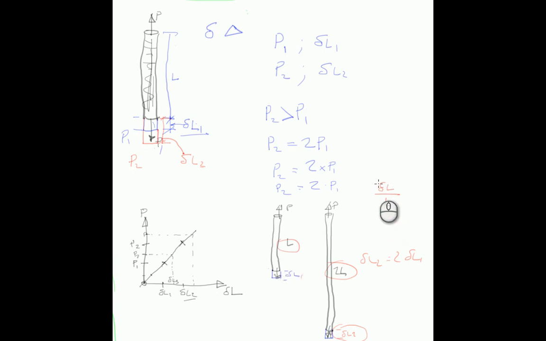But if I take that fraction, delta L divided by L, and I now look at the situation here, I have, for the same load P, a delta L2 divided by 2L. Okay, and I know that delta L2 is twice delta L1. So here I've got delta L1, here I've got delta L2.